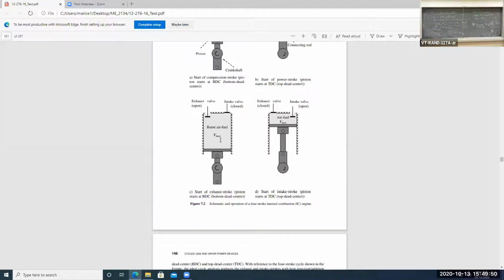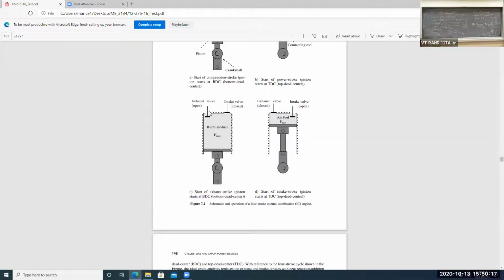the burnt fuel is replaced with fresh air-fuel by opening up an exhaust valve, pushing out the burnt air-fuel mixture, and opening up an intake valve and taking in fresh air-fuel. So we're going to replace this bottom process here, where we reject or expel the burnt fuel and intake fresh fuel.